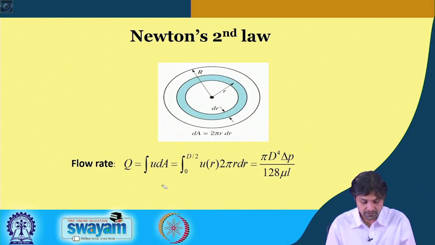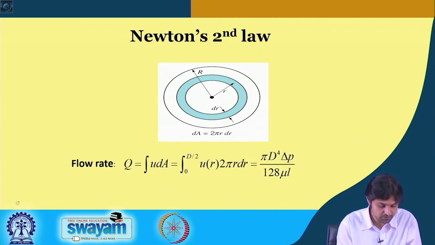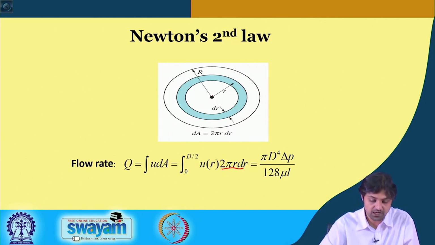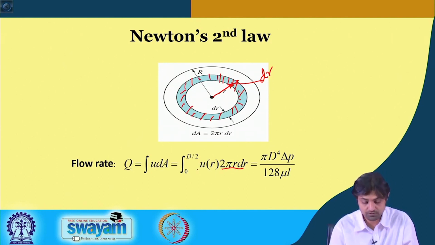Now that we have determined u as a function of r, the flow rate across the entire pipe will be the integral of u times 2 pi r dr. If we take an element of thickness dr at a distance r, we can write Q as the integral of u dA, and we integrate from r equal to 0 to d by 2, the entire radius.